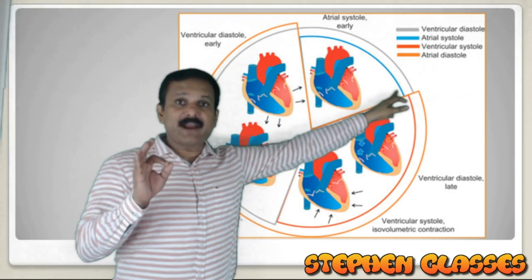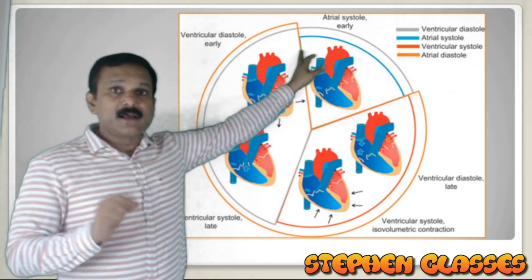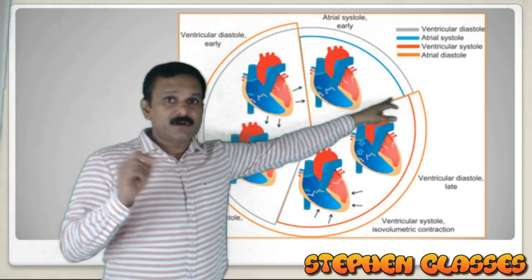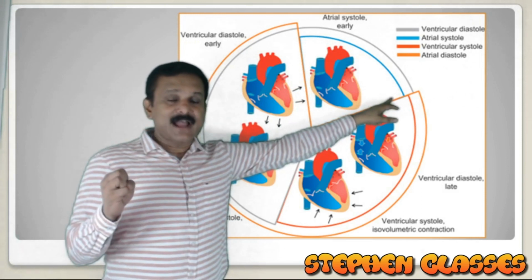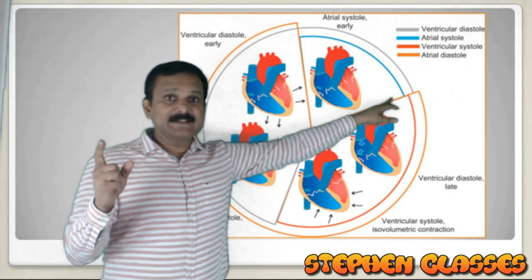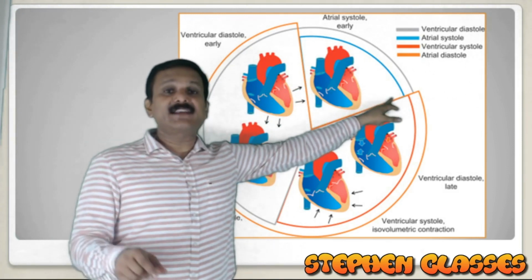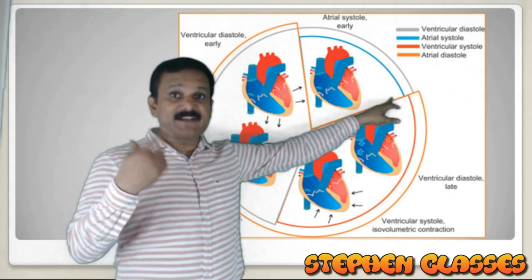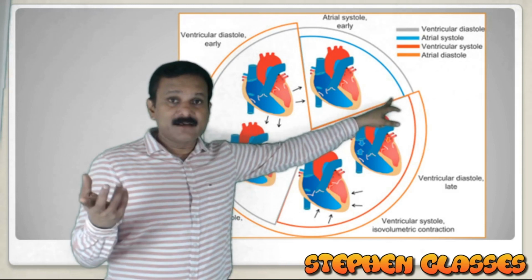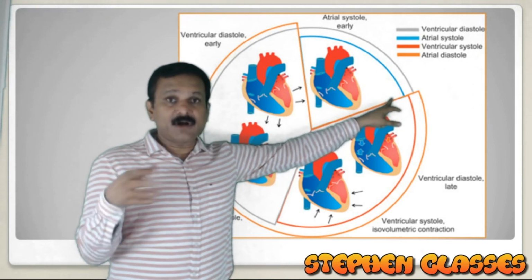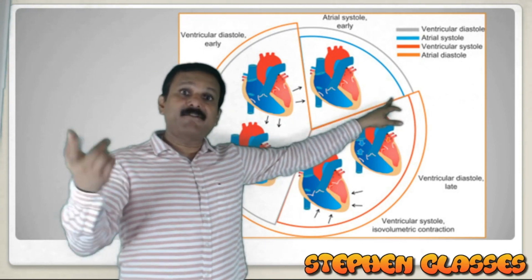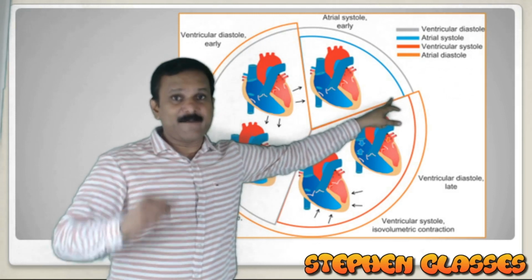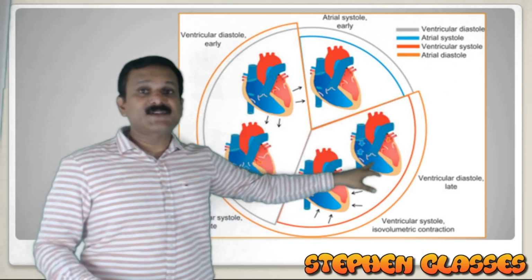For the first 0.1 seconds, there will be atrial systole. The atria contract, and that will increase the blood flow to the corresponding ventricles by 70%. So after atrial systole, the ventricular filling will be over. Okay. Then comes the ventricular systole.